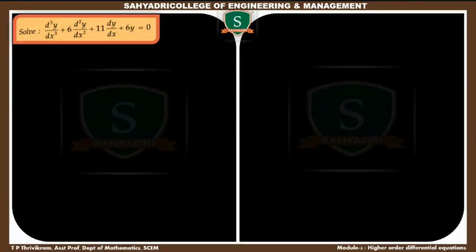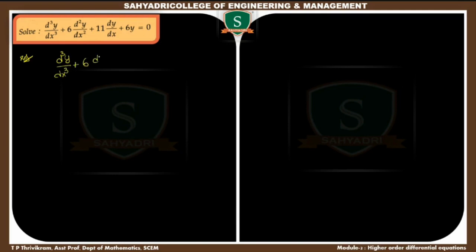Next, observe this. Here we have d cube y by dx cube plus 6 into d square y by dx square plus 11 into dy by dx plus 6y equal to 0. So let us write that equation.